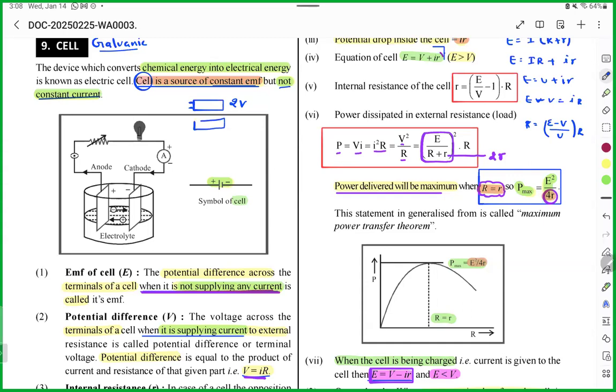So in reality, only 1.8 volt is acting. The remaining 0.2 is useless. So it's like a theoretical value, 2 volt maximum value. In reality, what potential or voltage is working is the potential difference. Understood, guys? Any doubt?